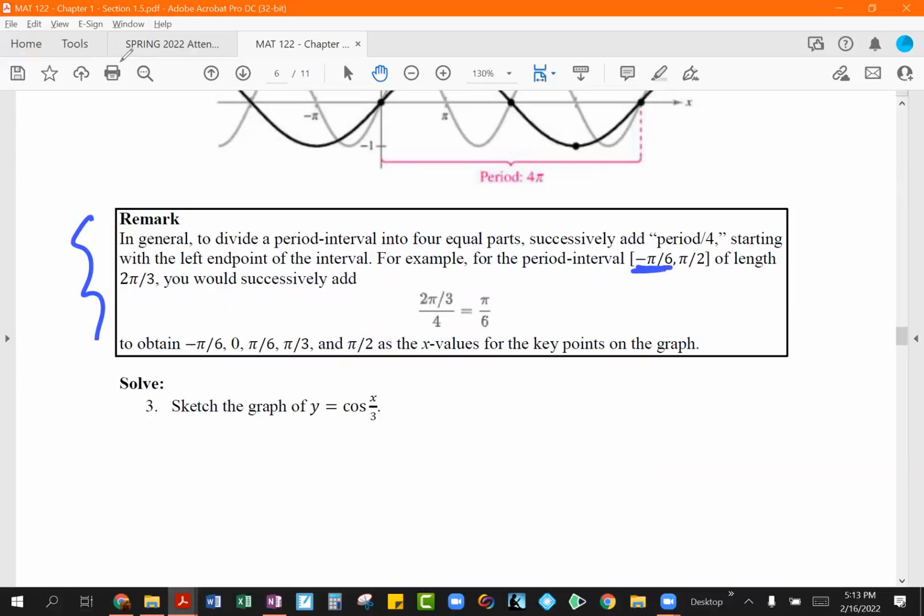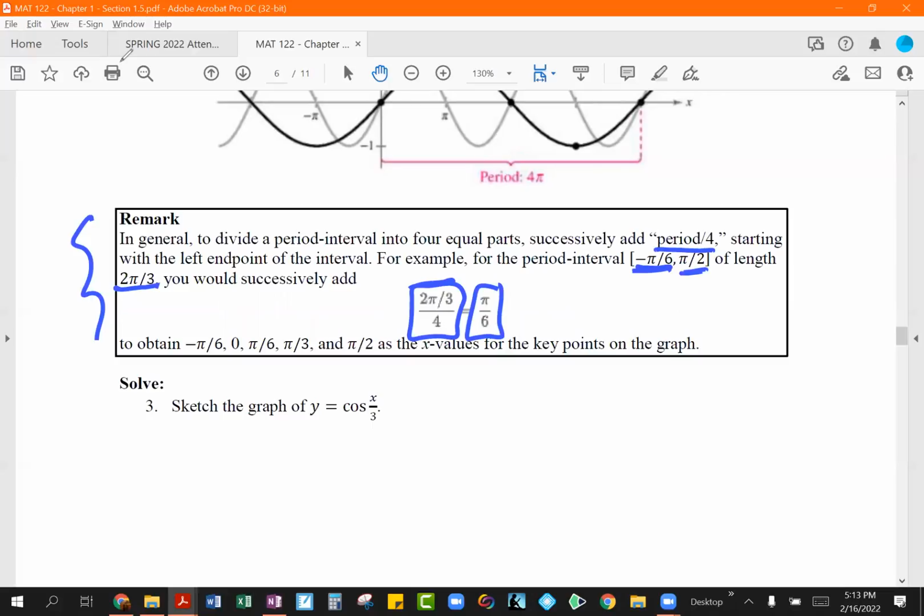If your left end point was negative pi over 6, and going to positive pi halves, and you have your period interval the length of 2 pi over 3, then that same thing, your period divided by 4. So if your period was 2 pi over 3 divided by 4, once you clean that up, it's going to come out to be pi over 6.